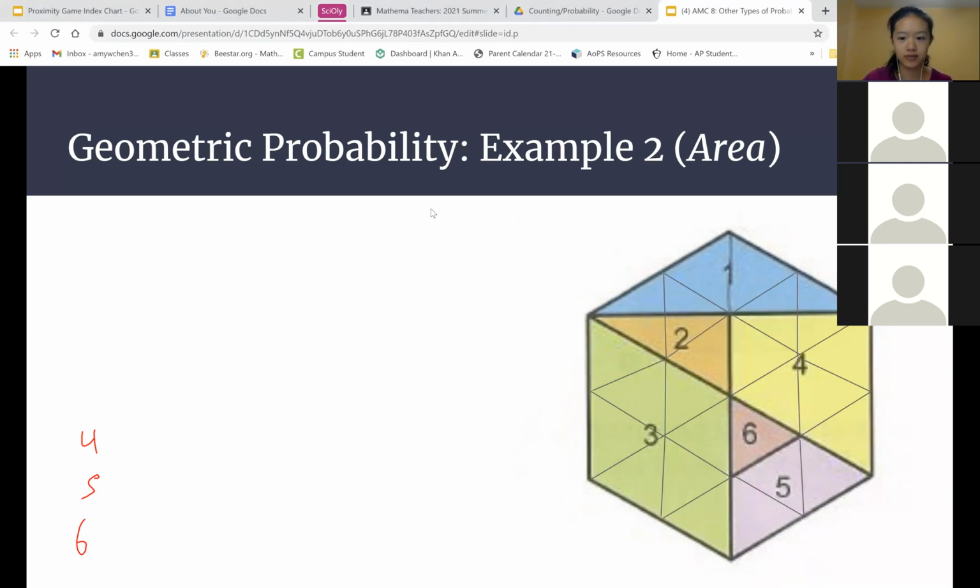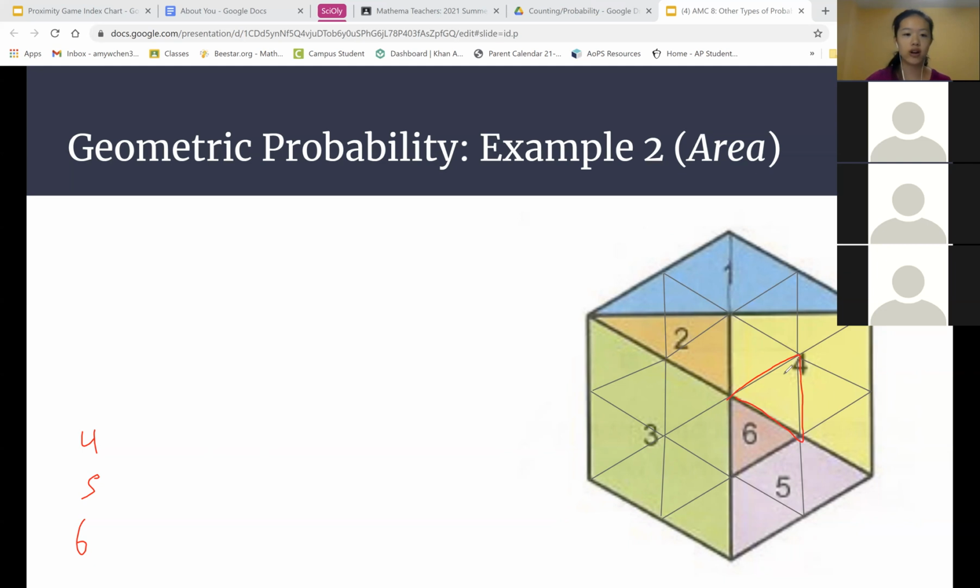You don't actually need to find the actual area. Instead, what you can do is you can draw lines dividing this picture up into equal parts. You can see that each of these triangles, I'm just going to outline one of these triangles.